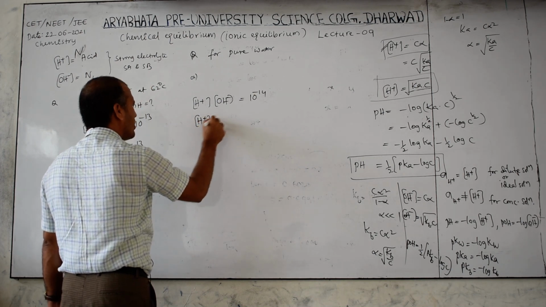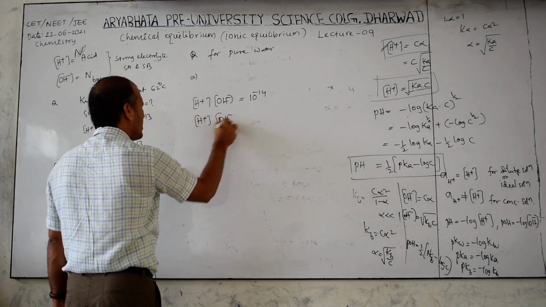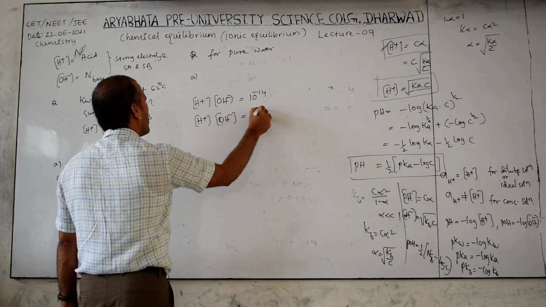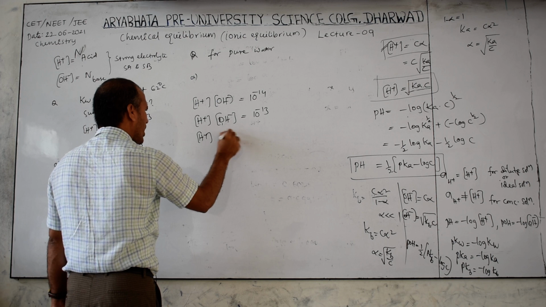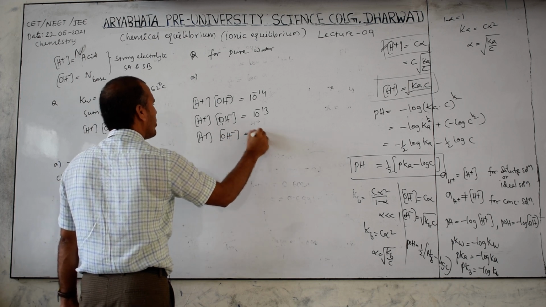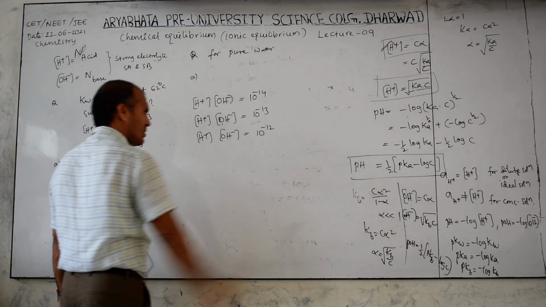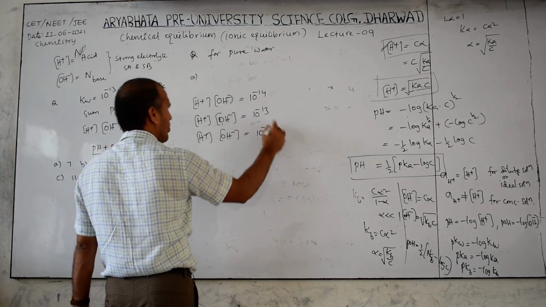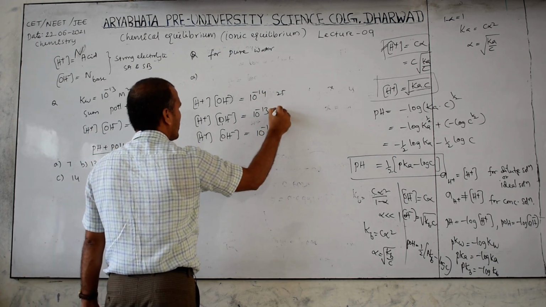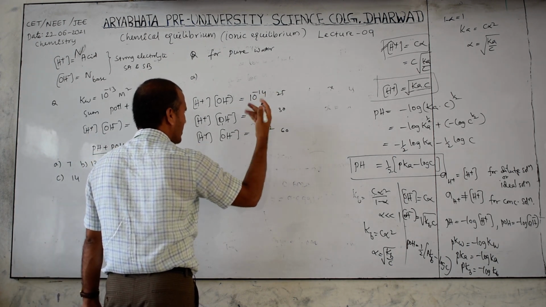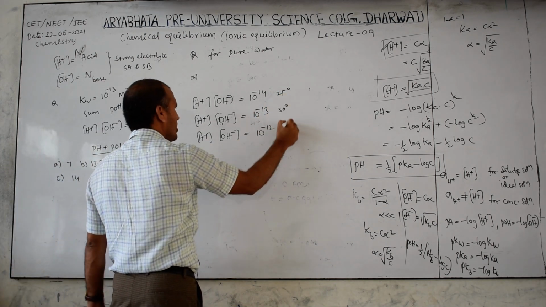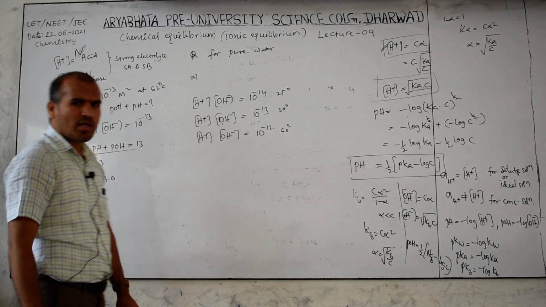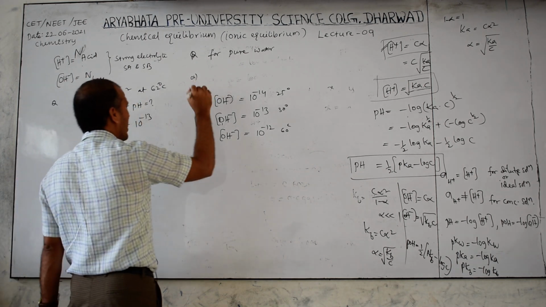Then H plus OH minus is 10 power minus 13, then 10 power minus 12. So this is temperature 25, this is 30, this is 60, like this consider. Temperature increases means this value also increases.